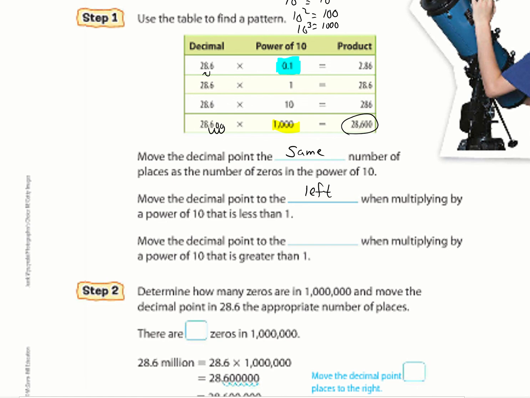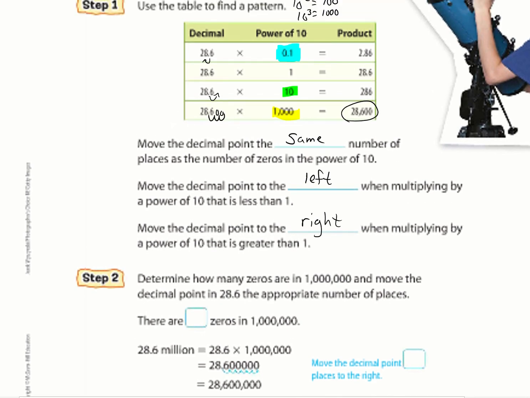Move the decimal point to the blank when multiplying by a power of 10 that is greater than 1. So when we look at 10 or 1,000, we started with 28 and 6/10, and the product was 286. That must mean we moved the decimal point to the right when multiplying by a power of 10 that is greater than 1.